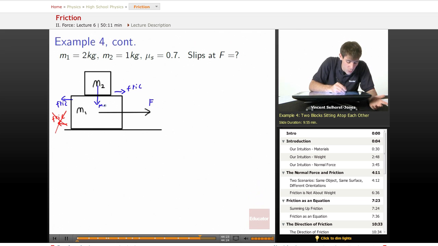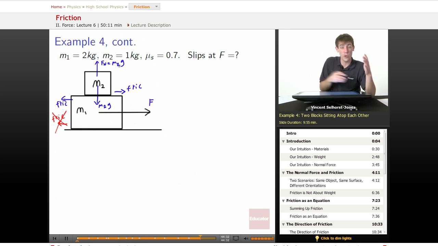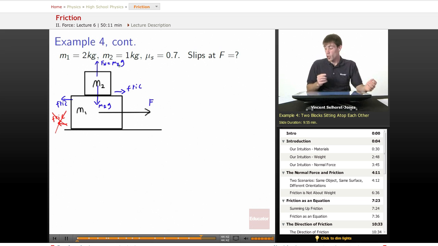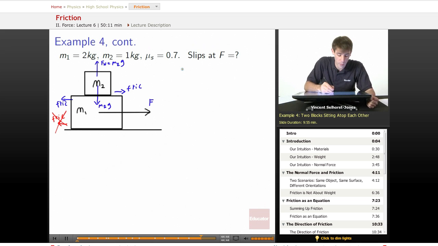M2 is going to push in with m2 times g, so Fn equals m2 times g, because it doesn't burst through the box. It doesn't move through it. It stays on top of it. If we just left it alone, it would sit there. So the normal force has to equal m2 times g. All right, so with this in mind, we can start coming up with our formulas.